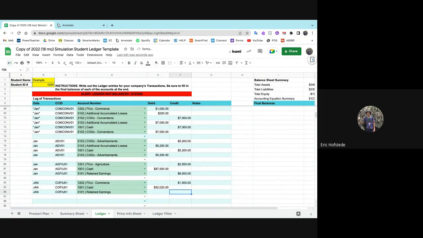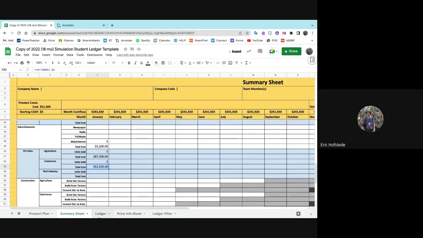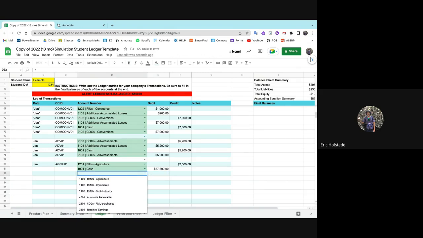Usually it's something with a negative or overwriting a cell that you shouldn't have. So where did my problem come from? 2,500. So that's looking good. Then I got my cash. Still looking good. Sorry for the delay.